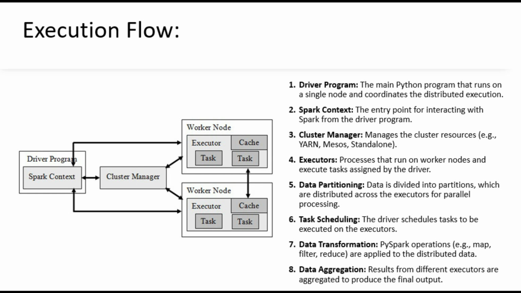It then distributes partitions across executors, which enables parallel processing, after which driver schedules tasks. Executors execute tasks, and the tasks operate on data partitions. Data transformation jobs are executed like some familiar PySpark operations: for example map, filter. It reduces is applied to distributed data, and it then produces transformed data.